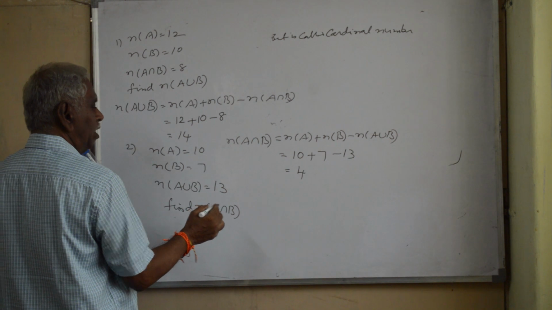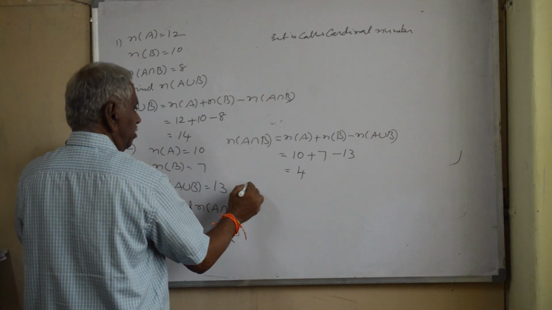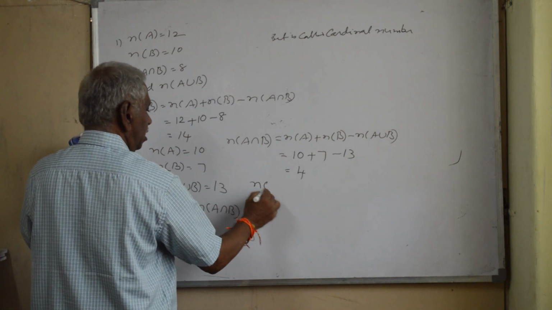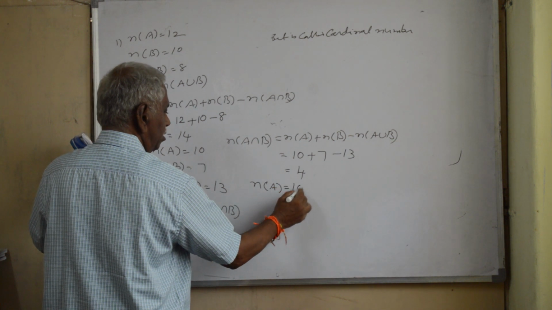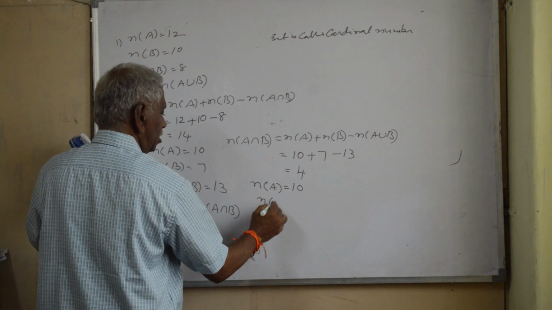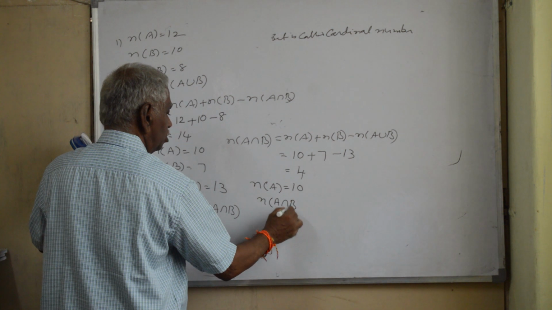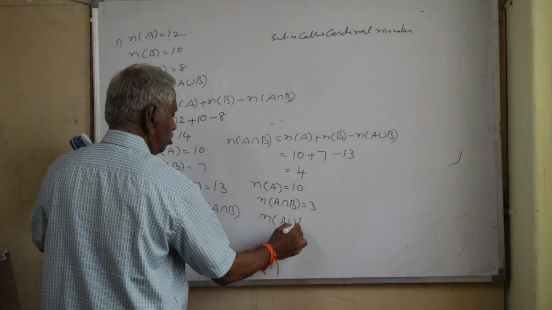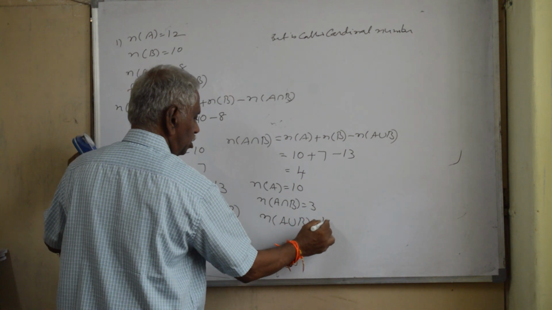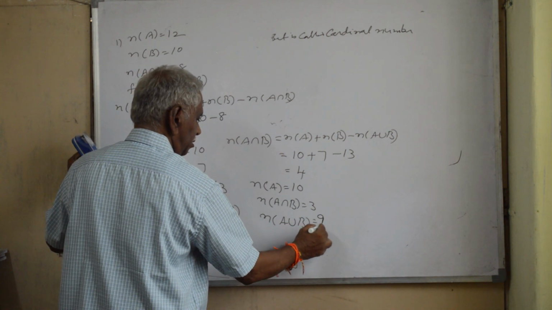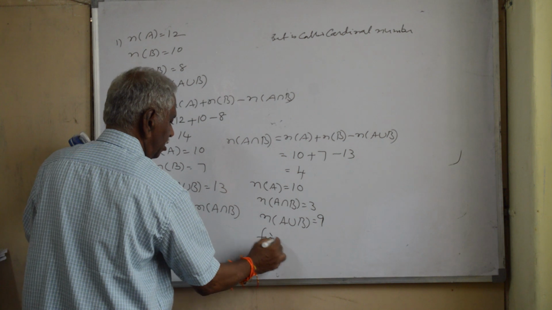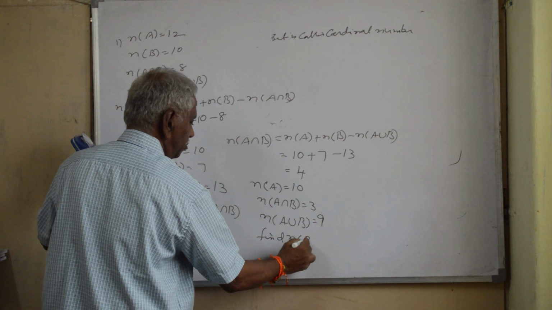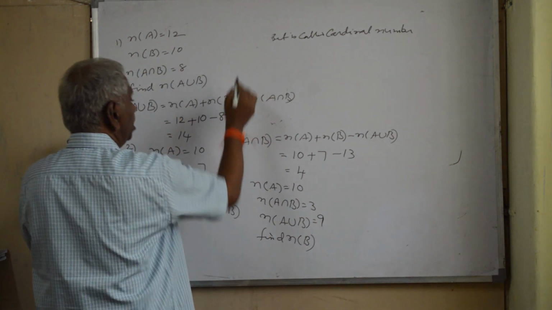And similarly we can find by giving n of A is equal to 10, n of A intersection B is equal to 3, n of A union B is equal to, suppose it is 9. Find n of B. So how to find n of B?